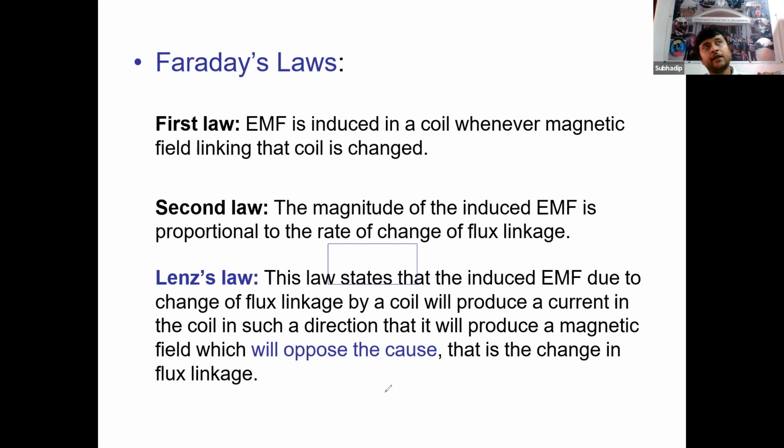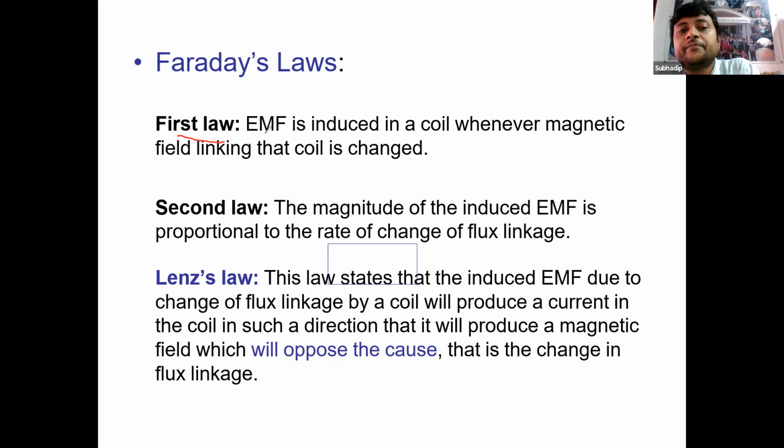In the fourth year, the earliest subject is utilization of electric power, where you will find a chapter on electrode deposition. That is also given by Faraday's first law and second law of electrode deposition, which you have to learn when you come to the fourth year. Now in second year, for the machines, we use Faraday's law of electromagnetic induction.